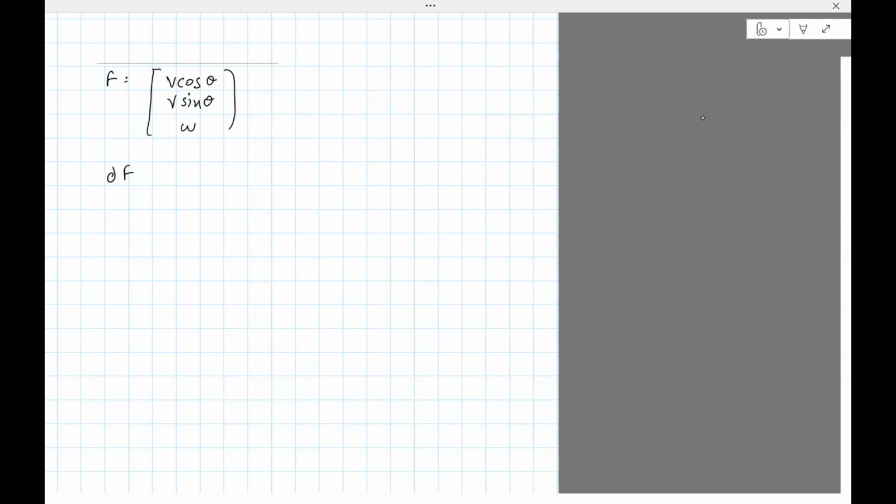So df dx is, so remember, x is x, y, theta, right? So we need to take the derivative of the first term, v cos theta, with respect to x. Let me write this so that when you refer to the notes later, you are not confused.